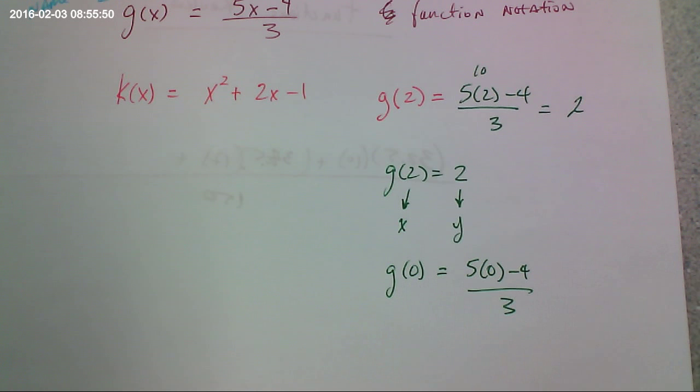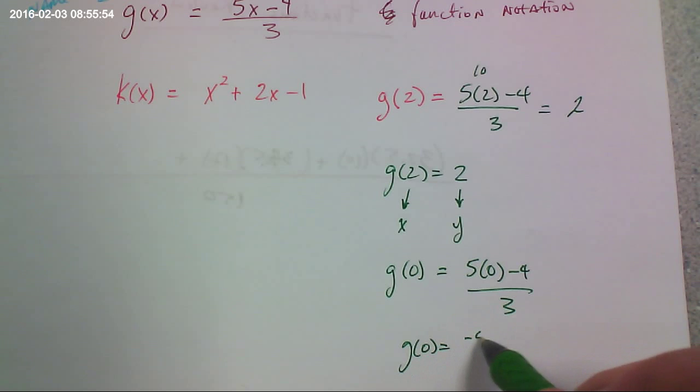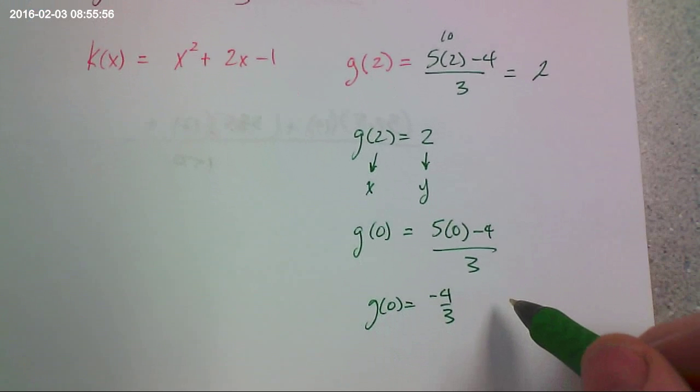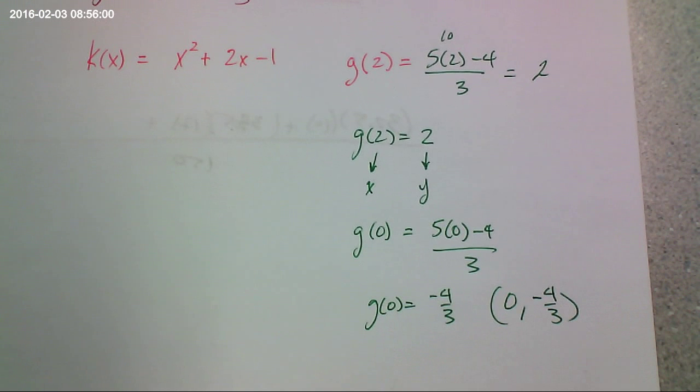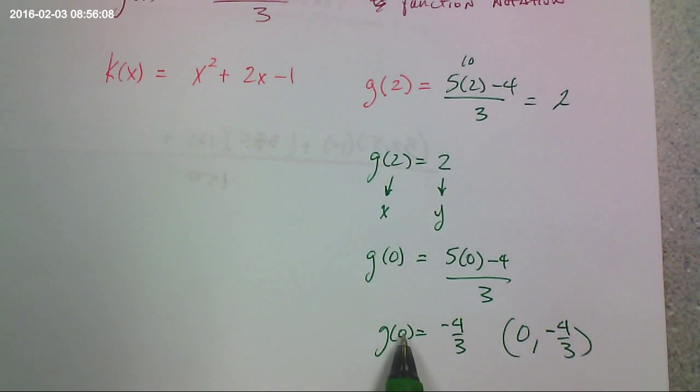The y-intercept, because x is 0. So that would be negative 4/3. So your coordinate for that would be 0, negative 4/3. Okay.